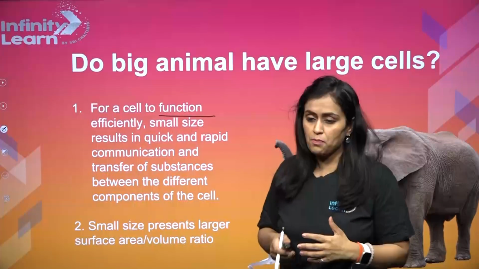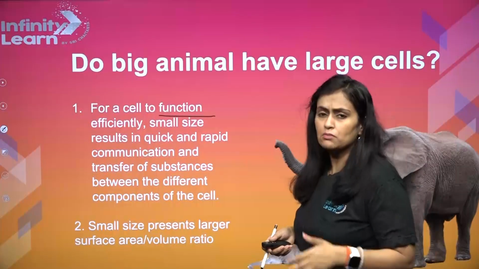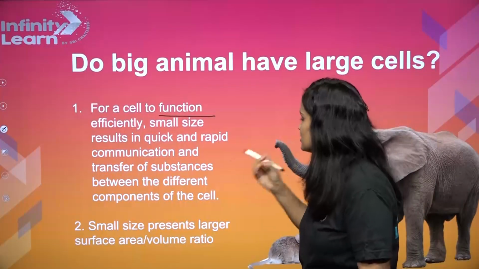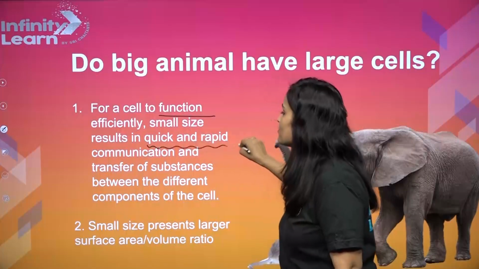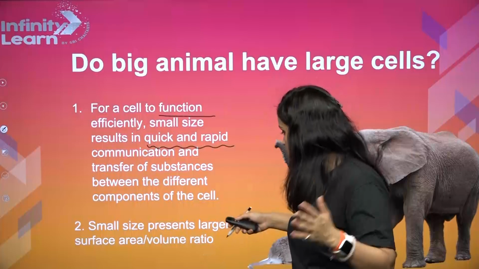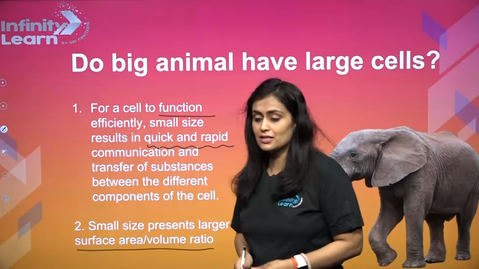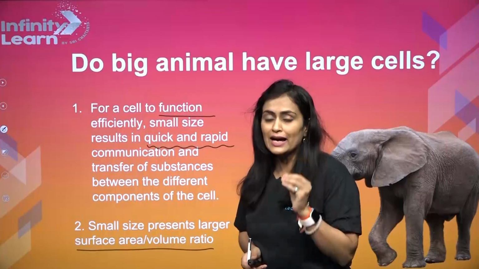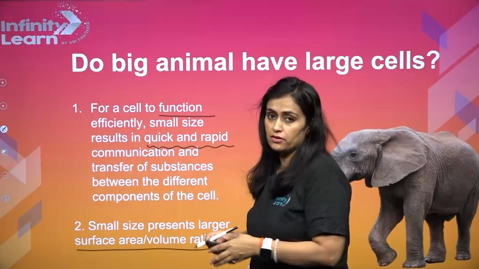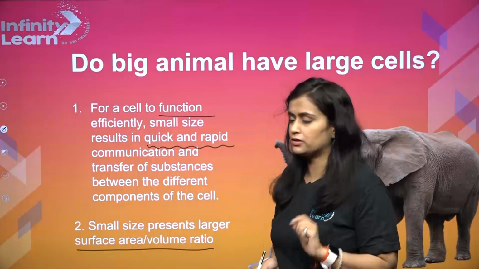When we talk about big animals, complexity is more, more jobs and more functions have to be done. Small size results in quick and rapid communication and transfer of substances. It also increases the surface to volume ratio. That's why the number of cells may vary in both the animals over here, not the size.